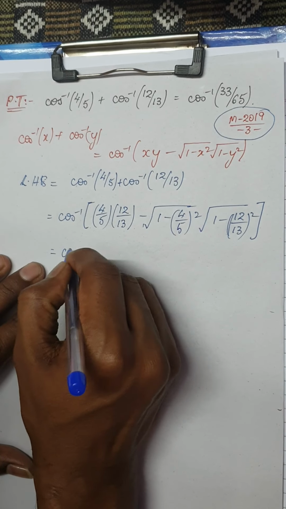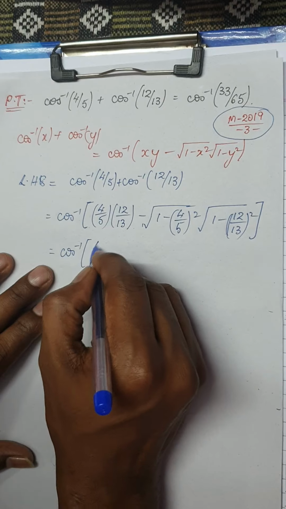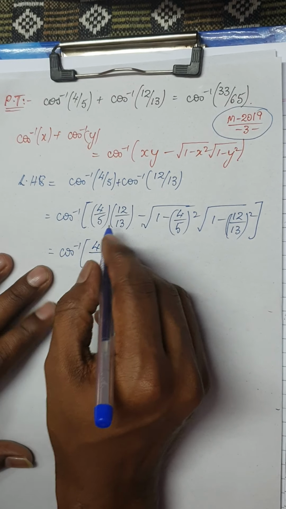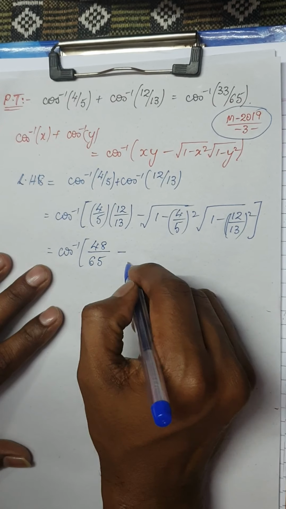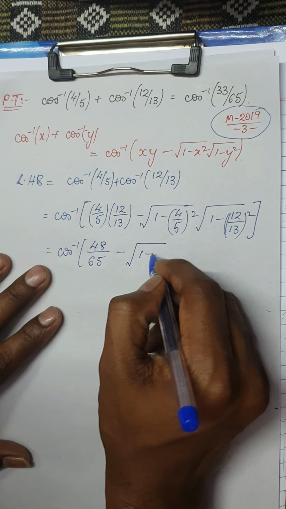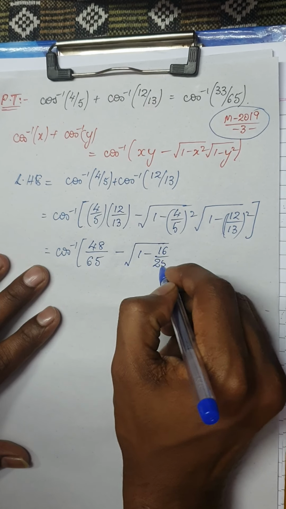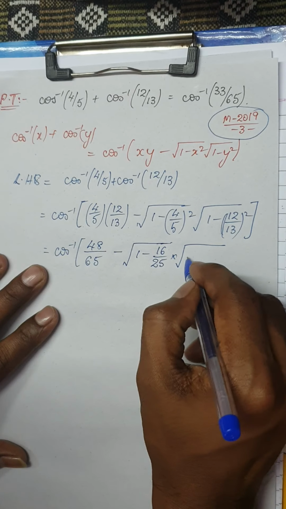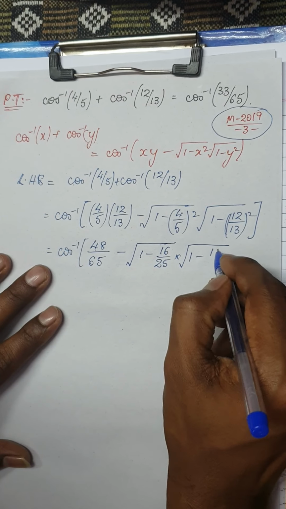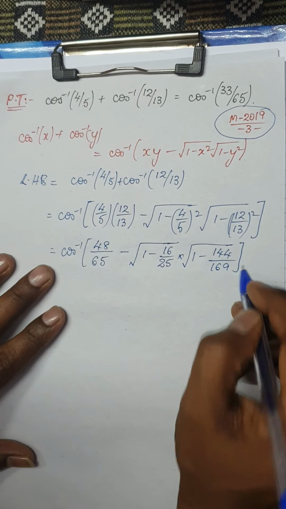So this is cos inverse of 12 4s are 48 by 5 13s are 65, minus root of 1 minus 4 square, which is 16, by 5 square, which is 25, into root of 1 minus 12 square, which is 144, divided by 13 square, which is 169.